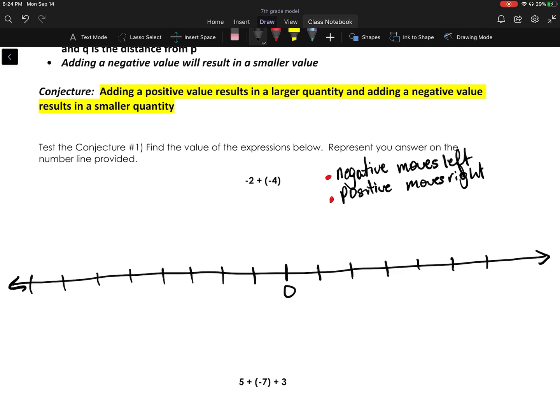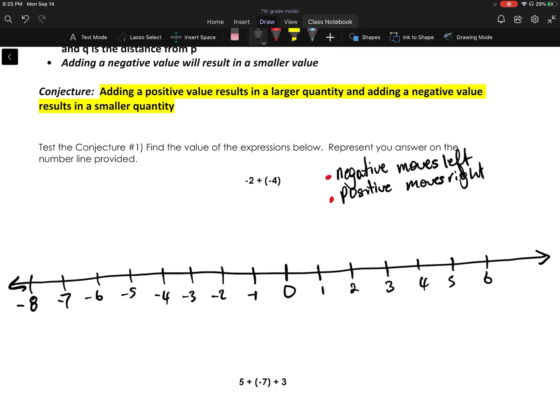Okay? So from 0, we have positive, they're moving right. So 1, 2, 3, 4, 5, 6. Negative, we're going to put on the left side. 1, 2, 3, 4, 5, 6, 7, and 8. Include that negative sign for all the numbers.